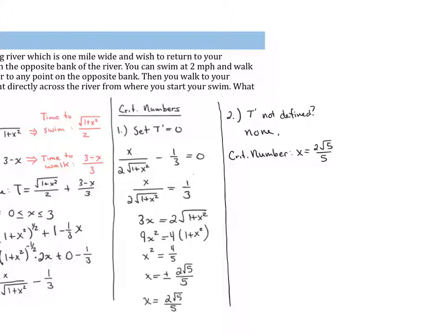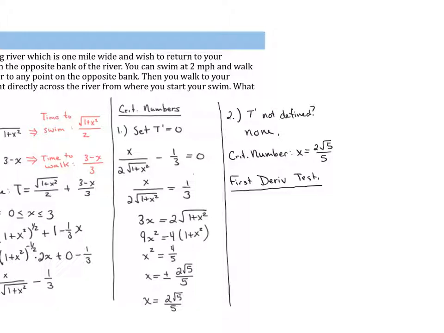Now, to determine whether this critical number corresponds to a maximum or a minimum, we could use the first derivative test or the second derivative test. But if you look at this first derivative, I don't want to take the derivative of it again. So let's go ahead and just use the first derivative test this time. This means that we're going to look at where this function is increasing and decreasing and see if this function makes a turn at our critical number.